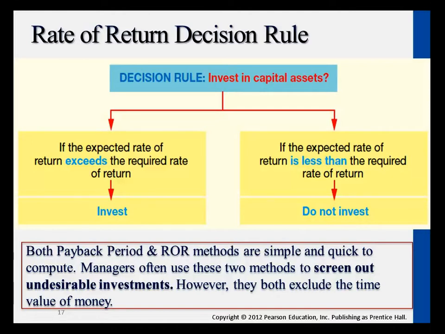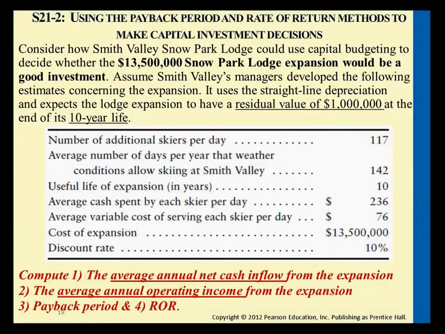It's one of the first ways to screen out those undesirable investments, okay? But as we see a little further, what we're lacking here is the time value of money. So before we get to the time value of money, let's look at the exercises.